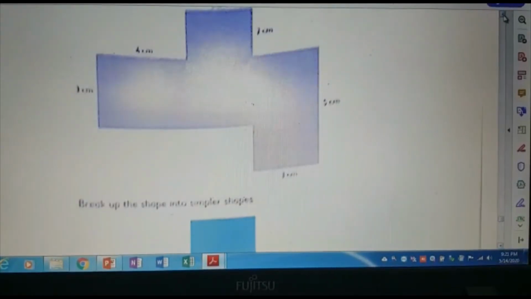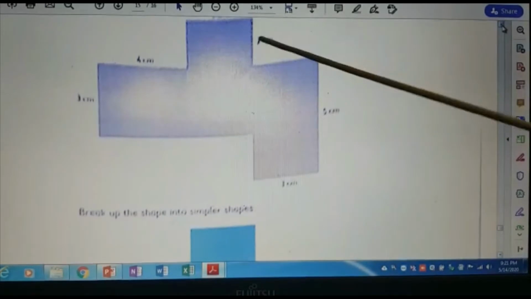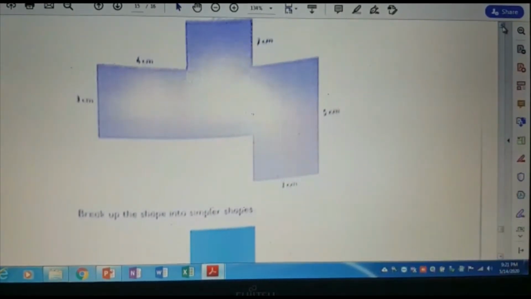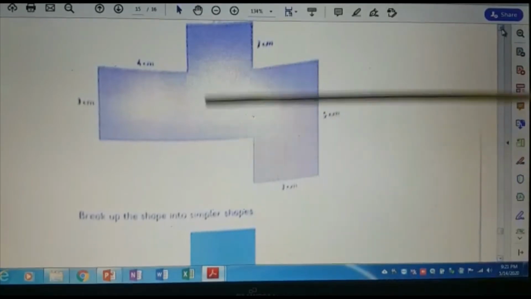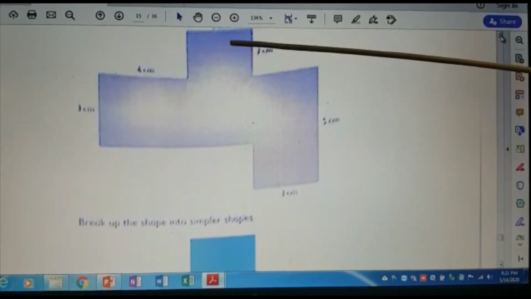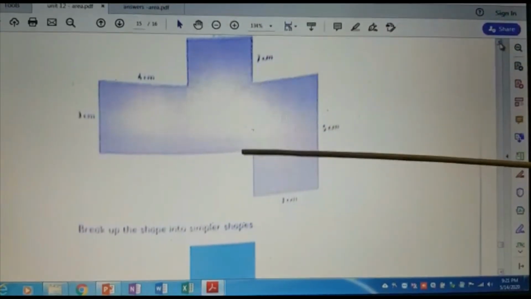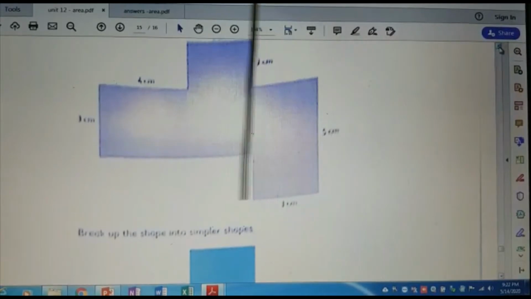See, a compound shape is given here in the next page, and in this also you need to first examine the figure carefully, how you can divide it. If you want, you can divide like this. So this becomes 1, this becomes 1. Like this you can divide, or in some cases you can just divide it like this.